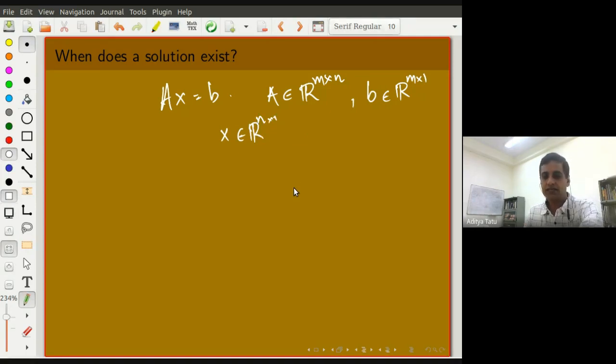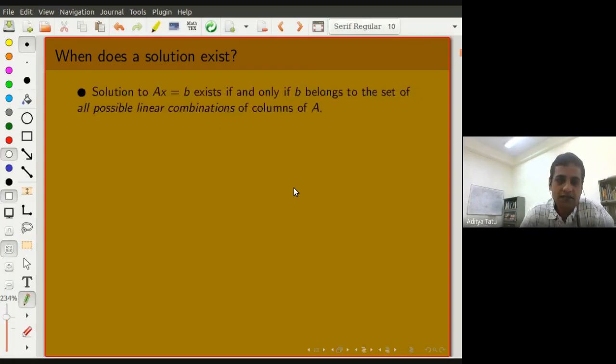We came to the conclusion that a solution to Ax equal to b exists if and only if b belongs to the set of all possible linear combinations of the columns of A.